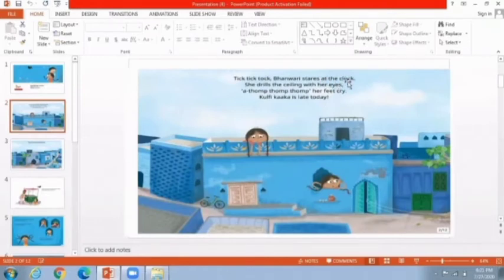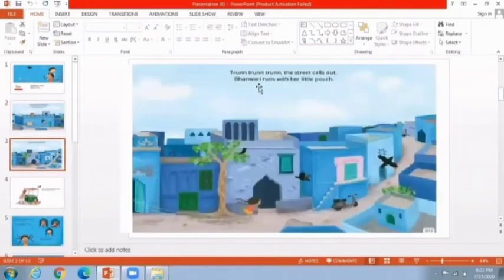Here drills means she was rolling her eyes, continuously looking at the ceiling. And thom thom thom, her feet cry. She was tired of waiting. She was just stamping her feet because that particular day Kulfi Kaka was quite late.